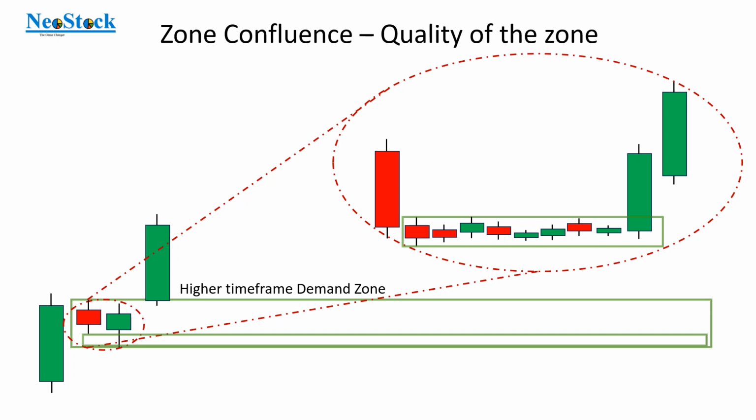Up to six candles, okay, quality is good. It is a tradable zone. But above six candles, it is not a tradable zone. Look here. We have 8 candles in this example.